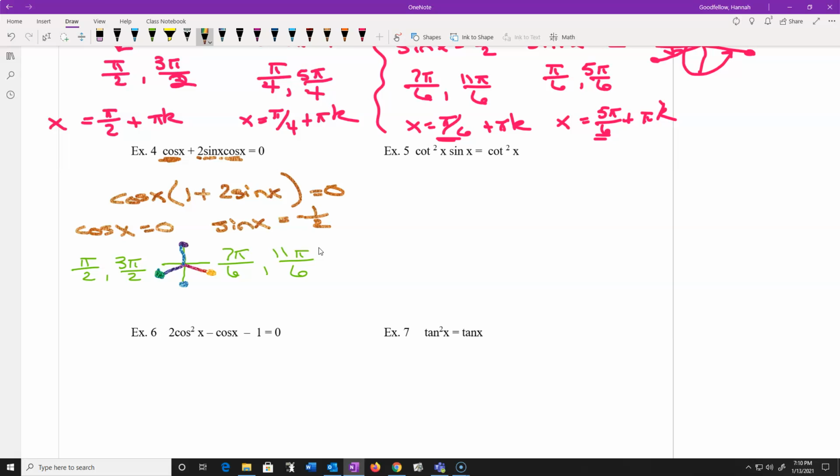It does make a concept that I might be able to catch all three of those in one fell swoop. You can see, if I think about this one as 7 pi over 6 and 11 pi over 6, this is 3 pi over 6, and the distance between 3 pi over 6 and 7 pi over 6 is 4 pi over 6, and from 7 to 11 is 4 pi over 6. So you could really say that one of the solutions is pi over 2 plus 4 pi over 6, the distance that's going on here, or better yet, 2 pi over 3 k.